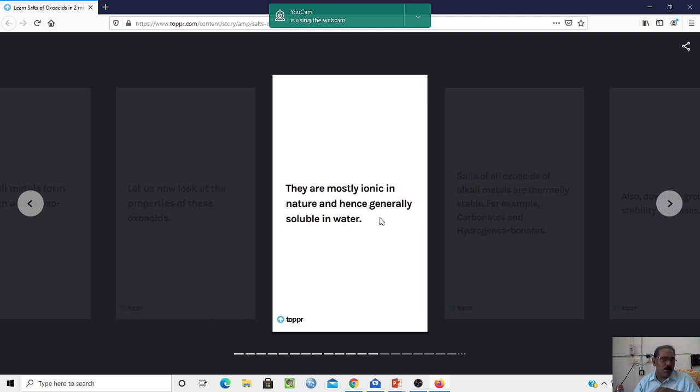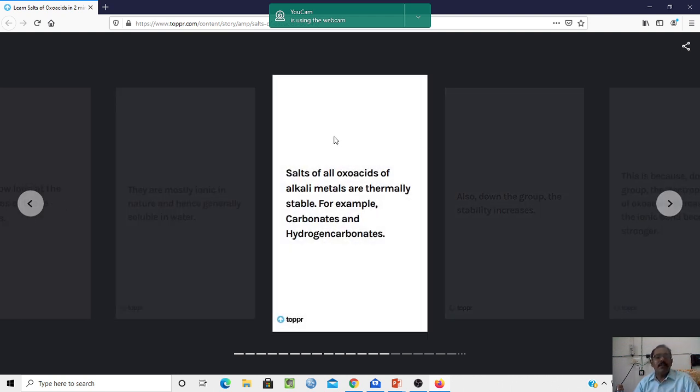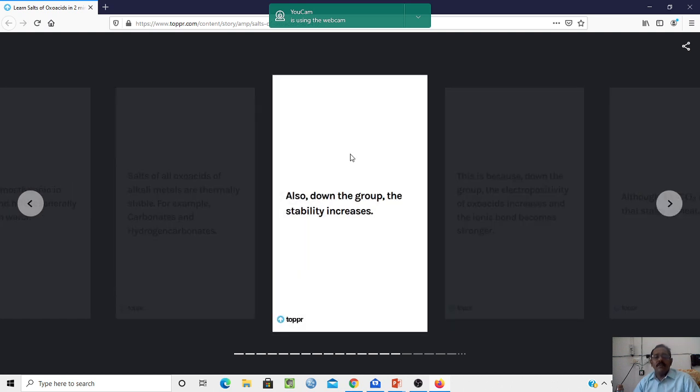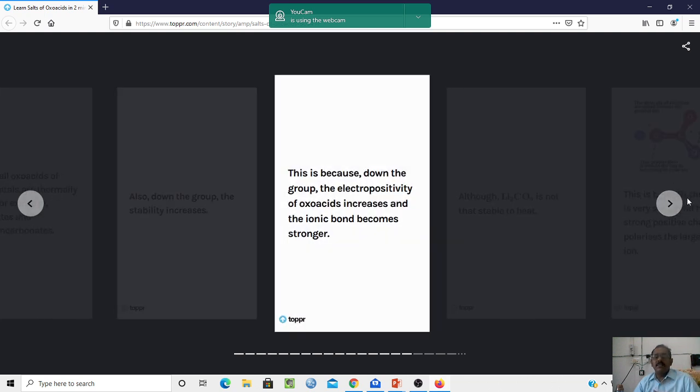Water is polar, and we have a polar, ionic compound. An ionic compound dissolves in water, which is polar. These salts are thermally stable, carbonates and hydrogen carbonates. Also, down the group, the stability increases, starting from lithium.